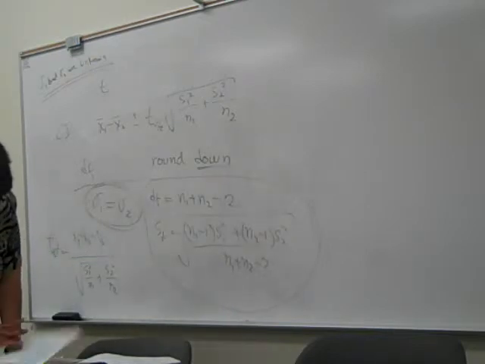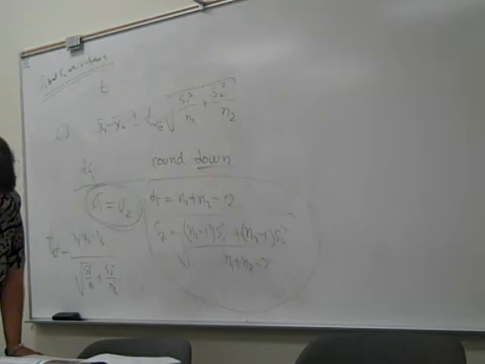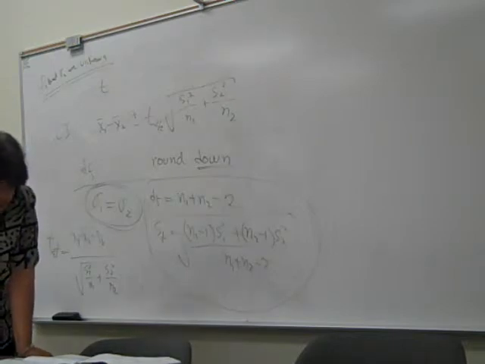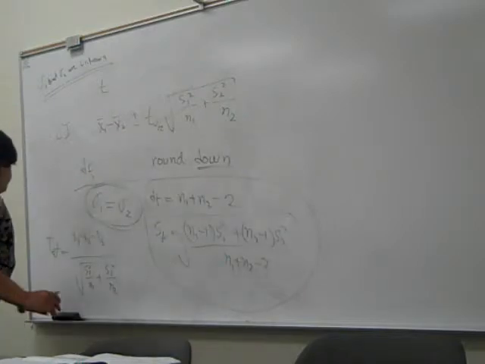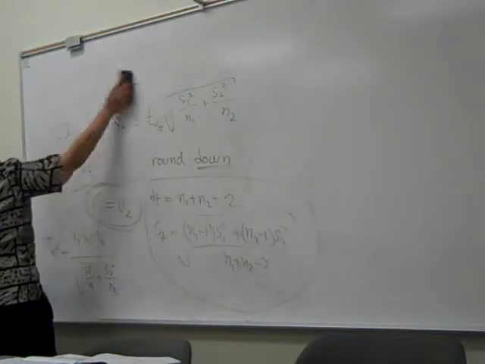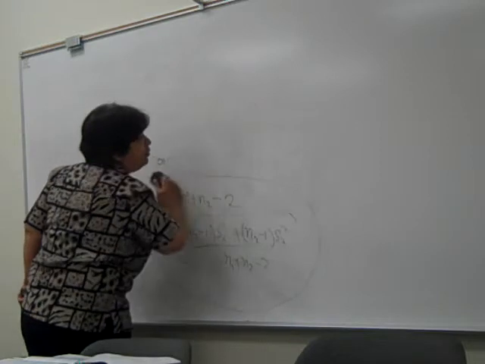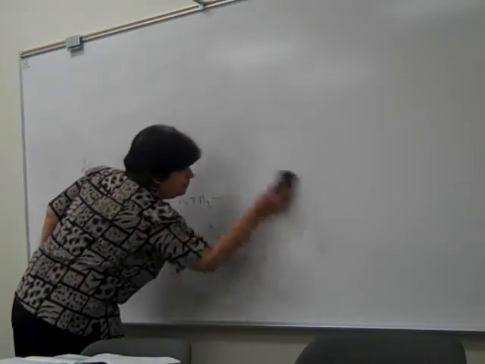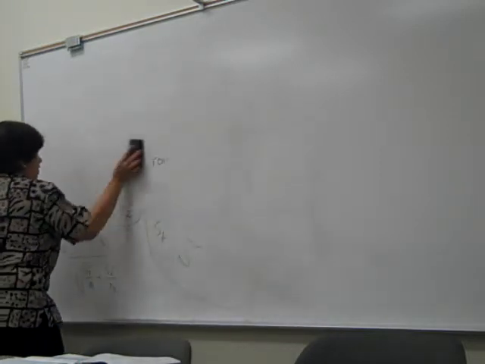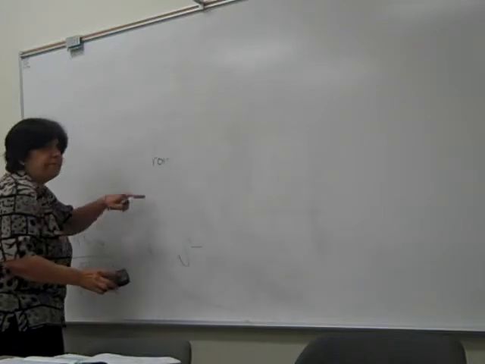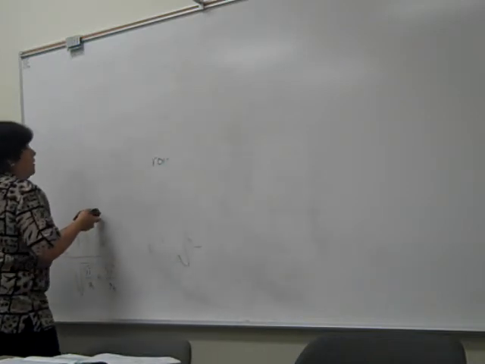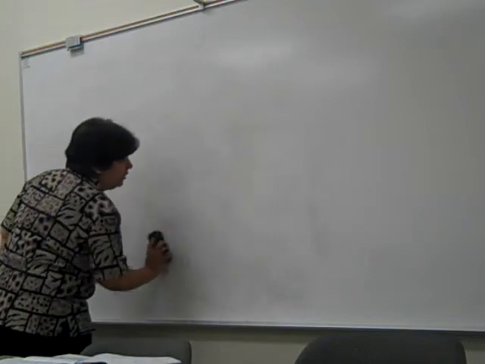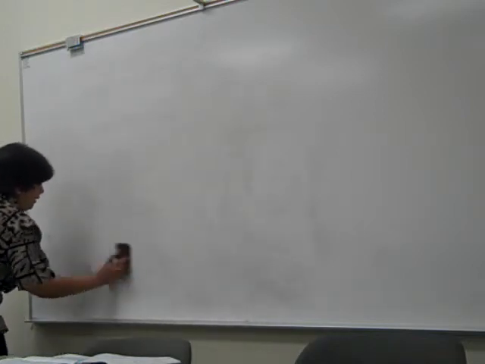Let's do one problem. Okay, let's do problem 14. Again, you are going to use the simplified formulas only when you can say that the two standard deviations of the populations are equal.